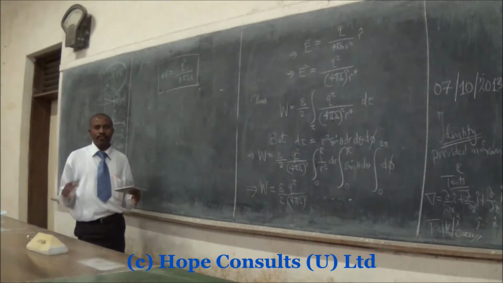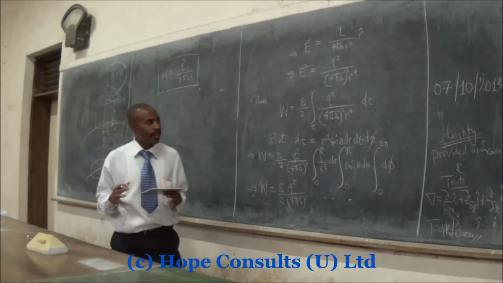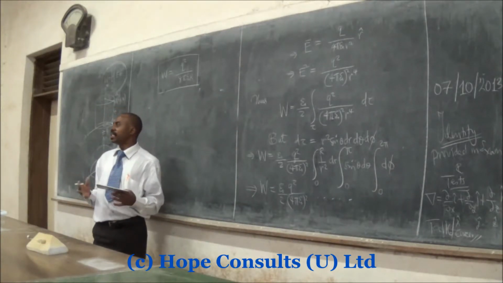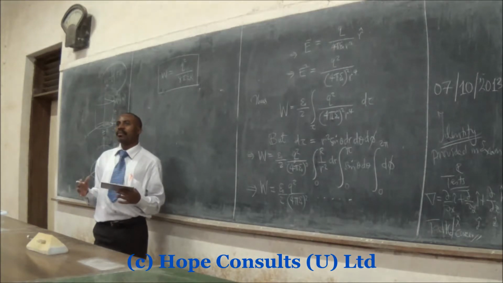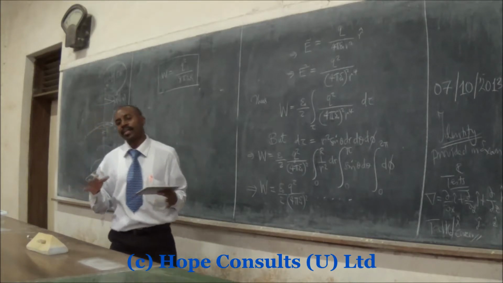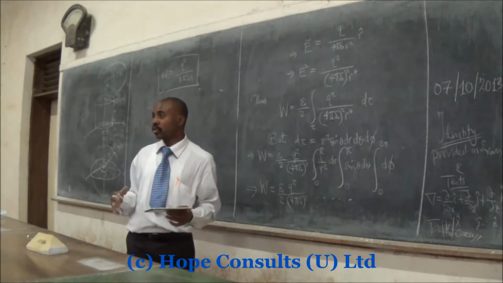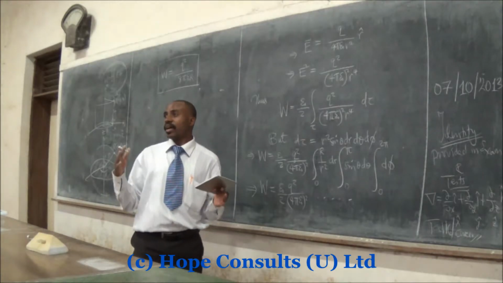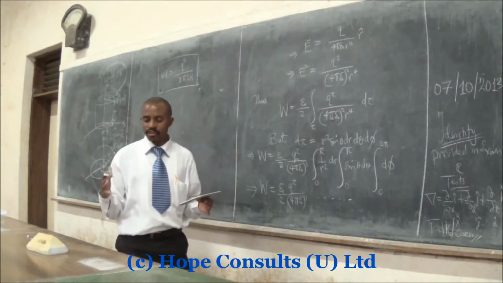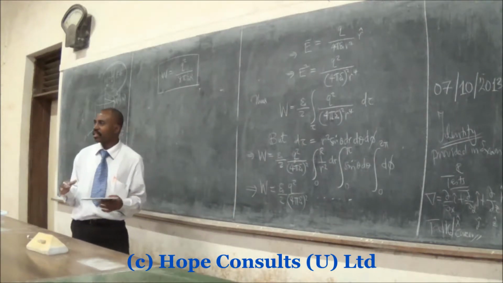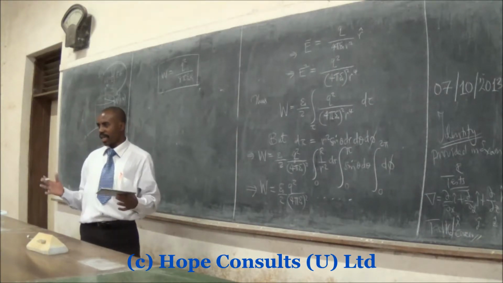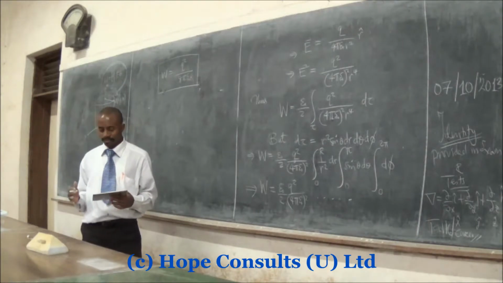Now, if we are in a given system, and we are talking of the energy within this system, we may not be able to get the energy everywhere at a point, and it may not be equally distributed everywhere, because it may be hard to have a uniform charge distribution. If we talk of a continuous charge distribution, it may be hard to get it as uniform, or you can't have it within an isotropic medium.